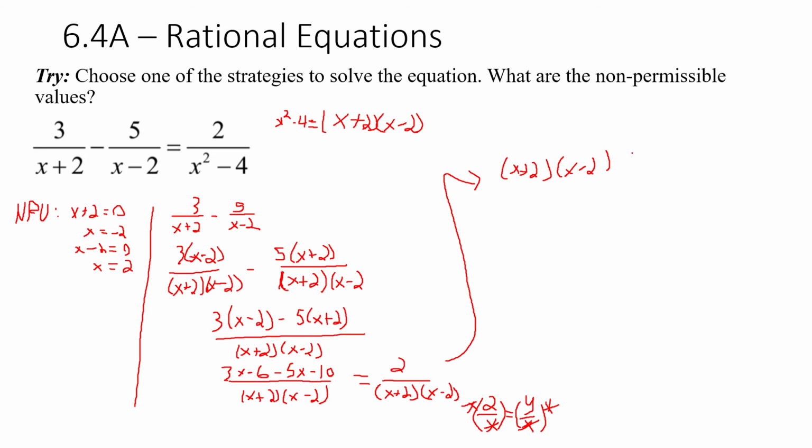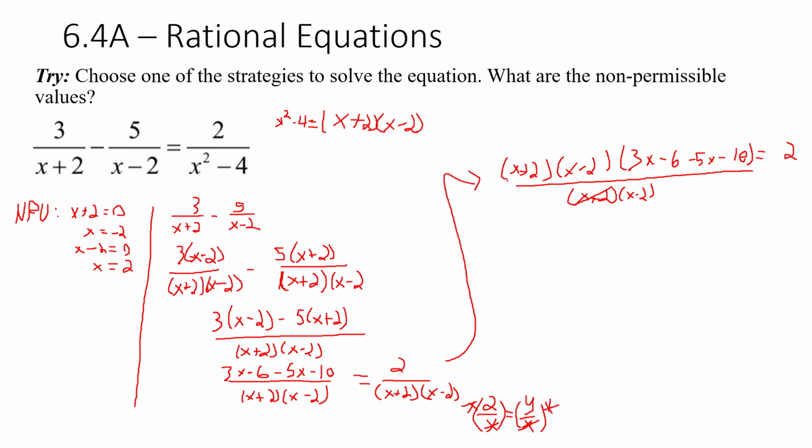And then we're multiplying that by 3x minus 6 minus 5x minus 10. I suppose we could have combined together some things there. And then on the right hand side, we're just left with 2. Don't forget that we still have our denominator because we just crossed that up. x plus 2, x minus 2.